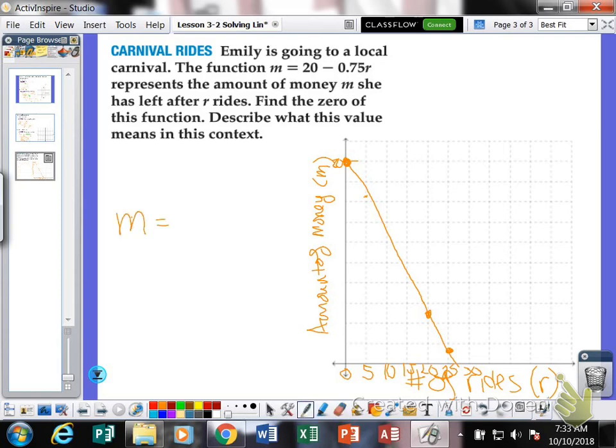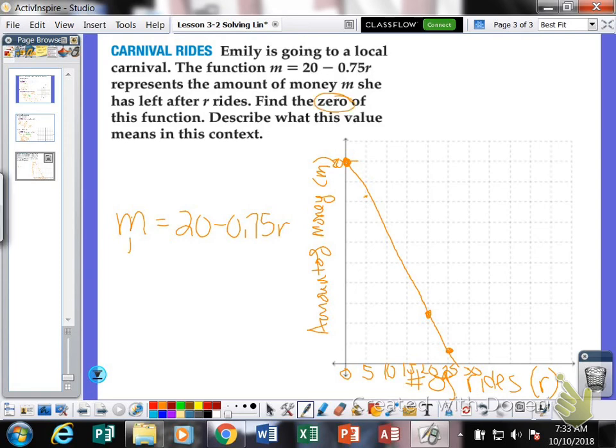You have this equation, 20 minus 0.75r. So basically what you can do is solve this for r. We know that M, let's say we're looking for that 0, right? Because it says find the 0.